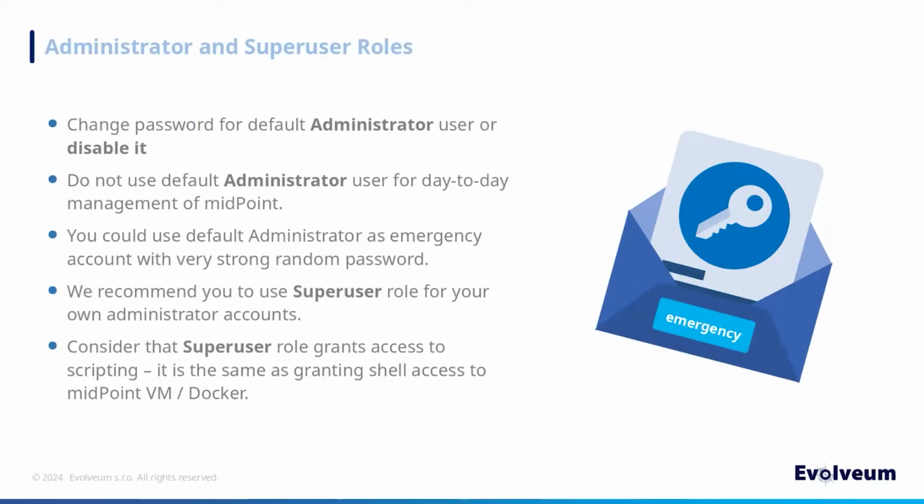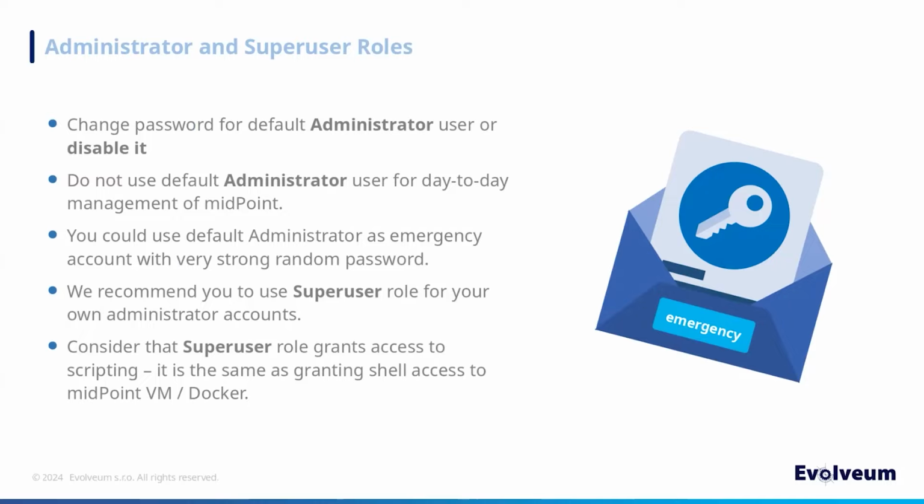One of the pre-configured defaults is the administrator user and super user role. Neither administrator nor super user are meant to be used for day-to-day administration. Once the initial system configuration is done, the administrator user should be disabled, and you should use personalized administration users instead of it, even if they still have the super user role.